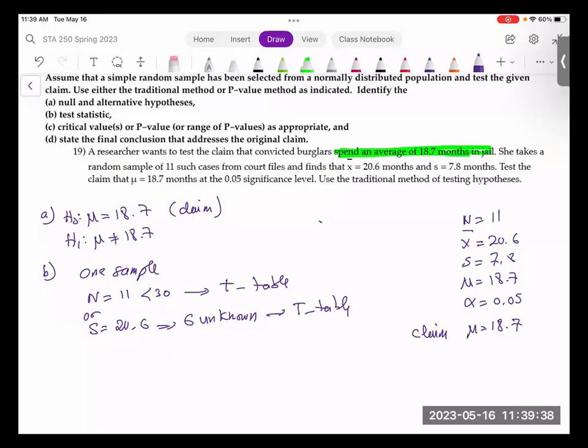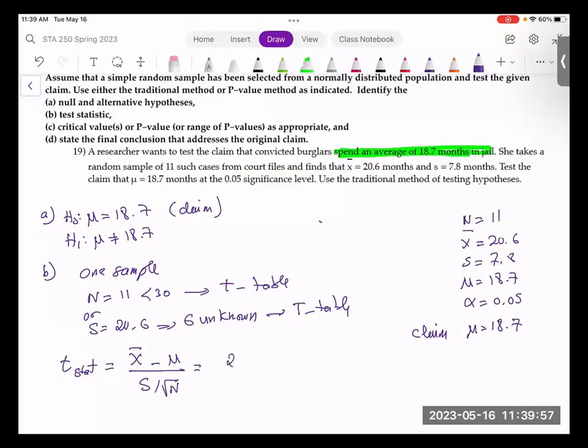So now I'm going to do the T stat. All right, the T stat will be X bar minus the mean divided by S divided by radical N, right? You have the other values. Let's plug them in.